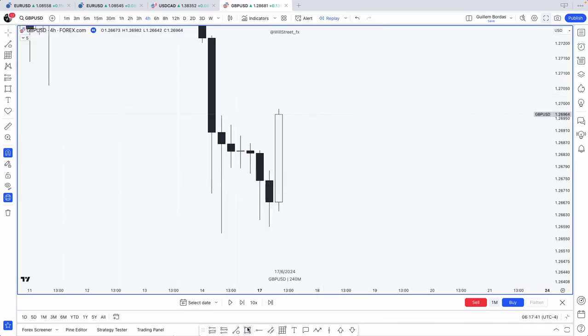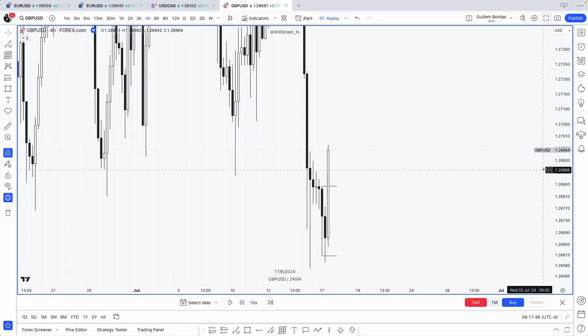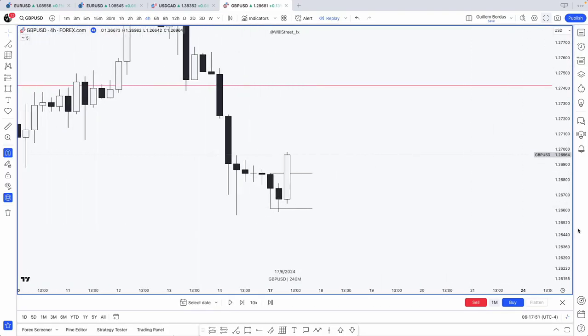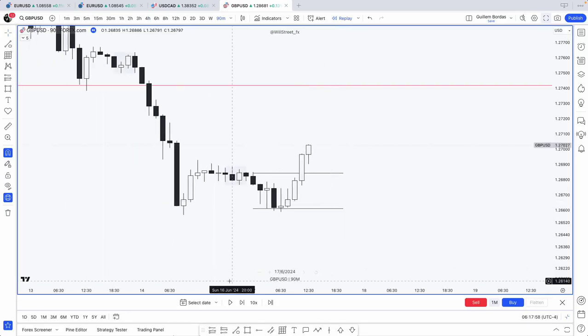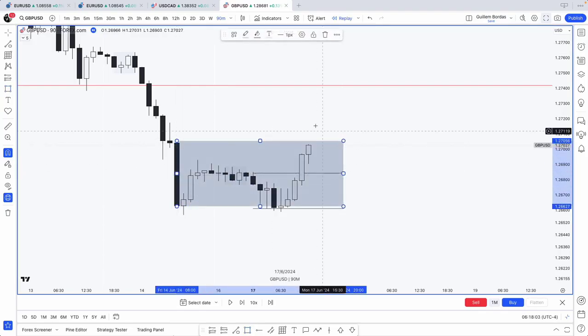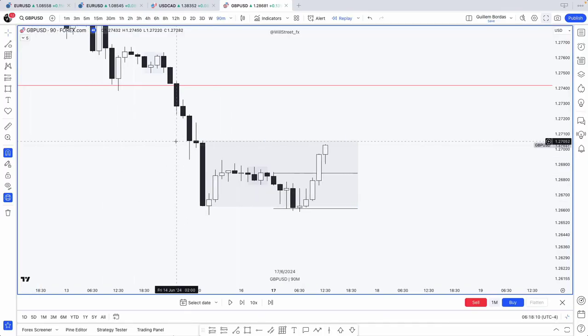So look at this. I remember this one. This is a 90-minute chart. We're inside this candle. Look at the voice closing inside. So this is the candle that is being respected in the range. The range that is being respected all the time is not the higher time frame one. It is the one that is on the left.